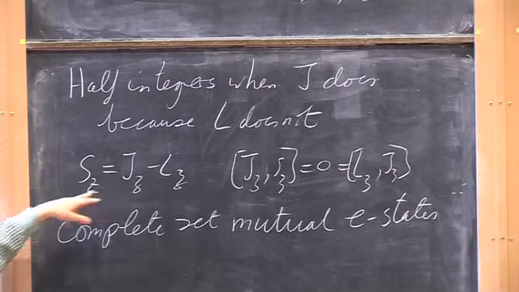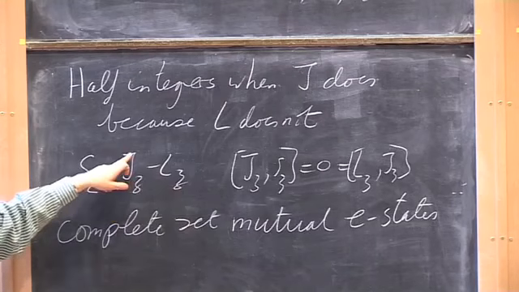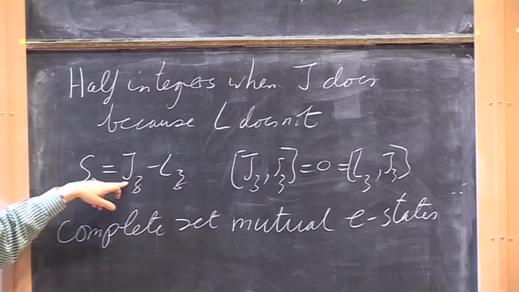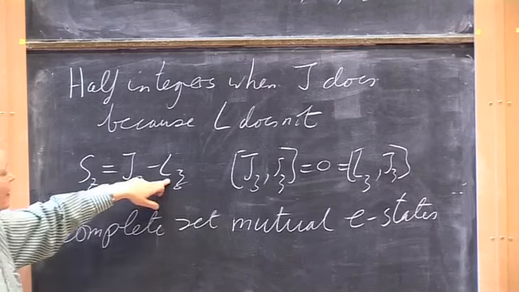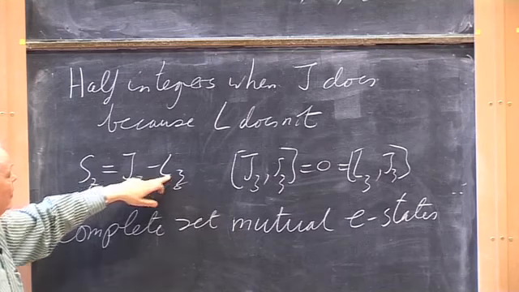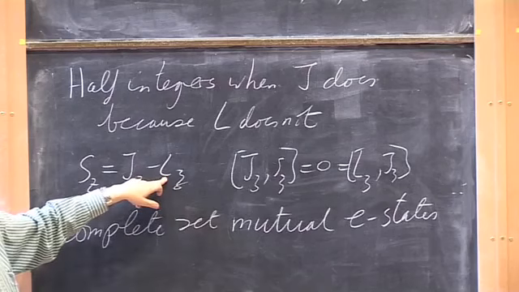And so we can now see that if this has half integer eigenvalues, the eigenvalues of this are going to be the difference between the eigenvalues of this and the eigenvalues of this. So if J has half integer eigenvalues, therefore S will have to have half integer eigenvalues because L has integer eigenvalues.